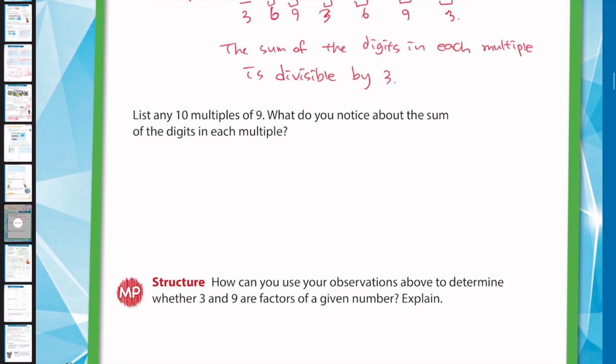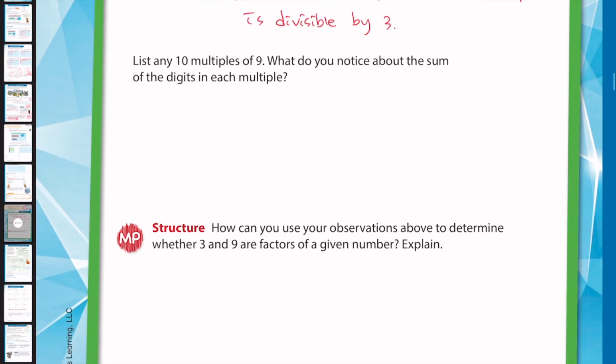Now let's move on. List any 10 multiples of 9. We know this: count down 9, 8, 7, 6, 5, 4, 3, 2, 1, and for the tens digit you count up, starting from 0: 1, 2, 3, 4, 5, 6, 7, and 8.